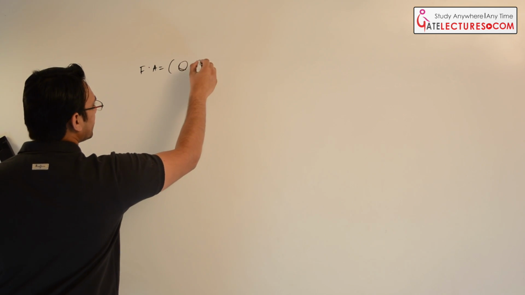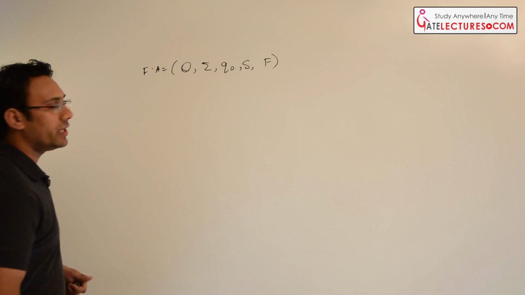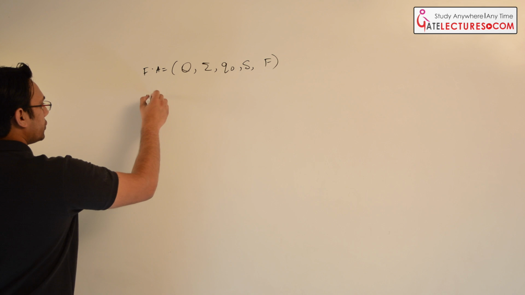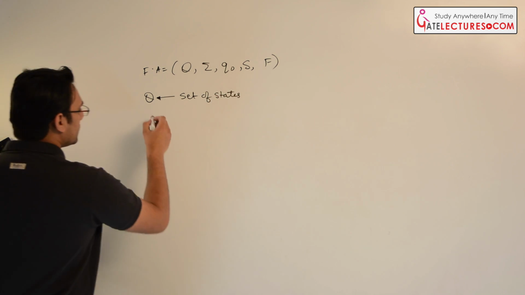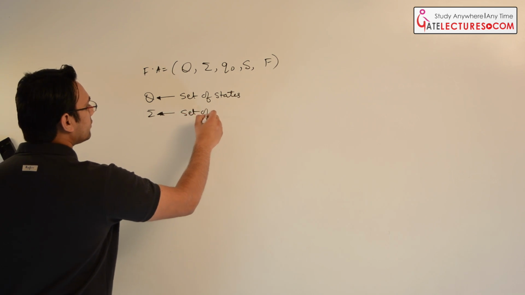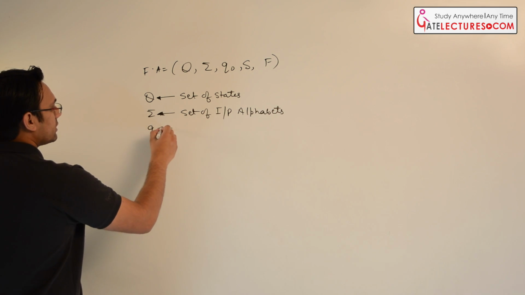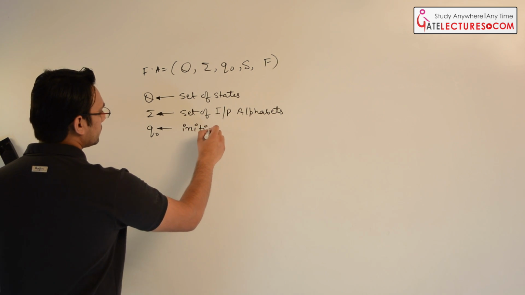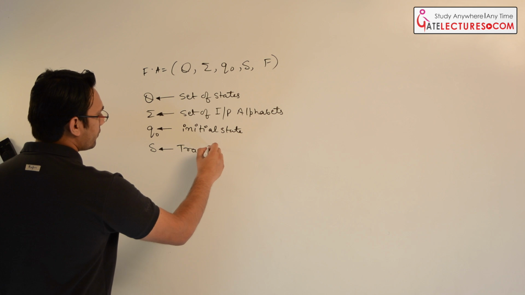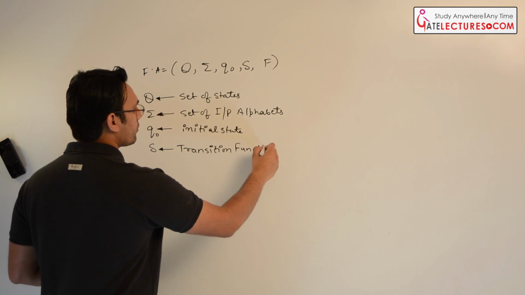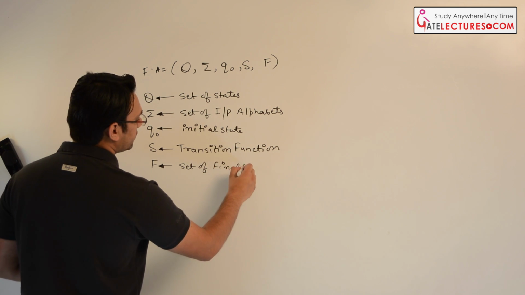A finite automata is a quintuple Q, Sigma, Q naught, delta and F, where Q denotes the set of states, Sigma denotes the set of input alphabets, Q naught denotes the initial state, delta denotes the transition function, and F denotes the set of final states.